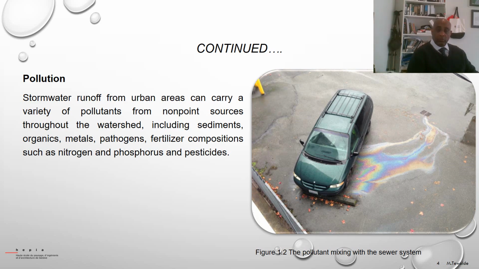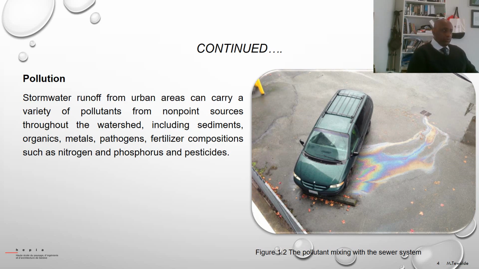Then the concentration of oxygen in the river decreases, and the fishes will lack oxygen and be suffocated. So that is not good for the organisms in a river.